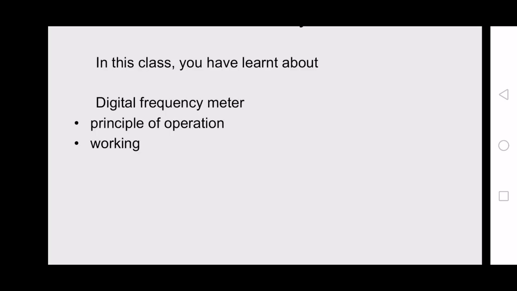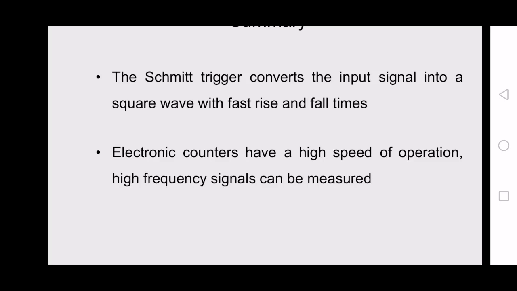So in this class we have learned about the digital frequency meter, its principle of operation, working, block diagram, and how we count the unknown frequency. The main block in the digital frequency meter is the Schmitt trigger, which converts the input signal into a square wave with fast rise and fall times.